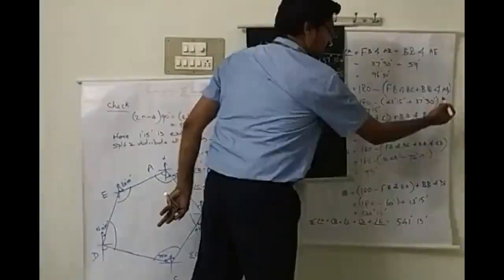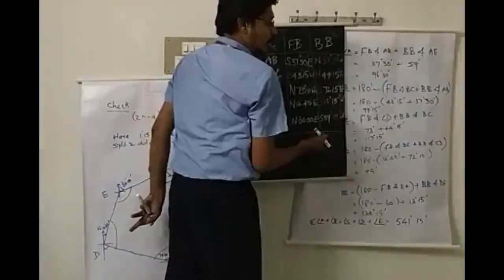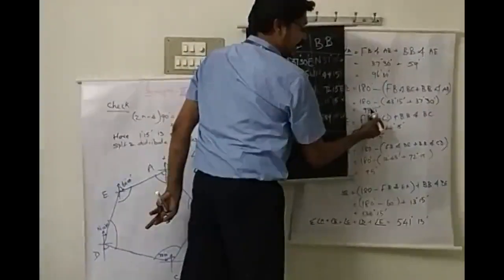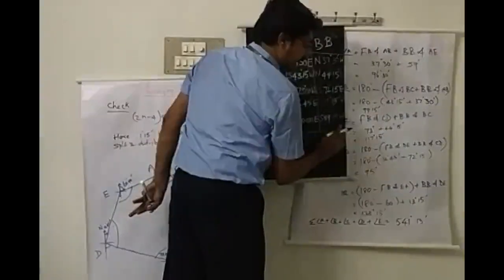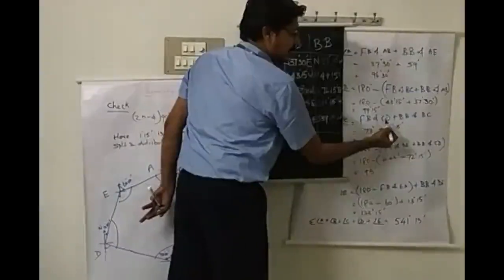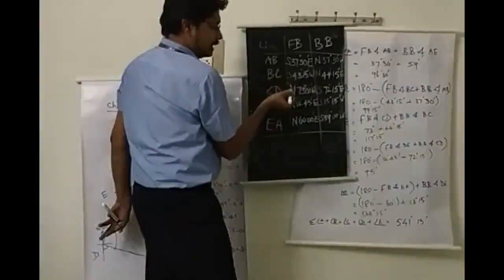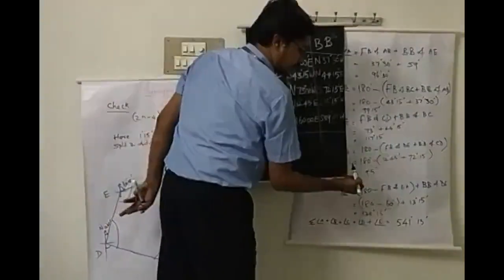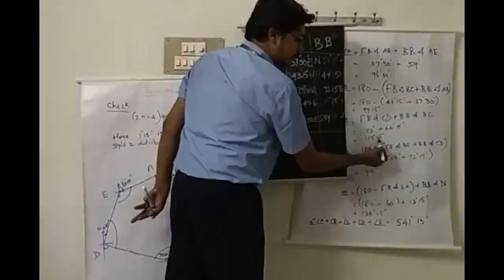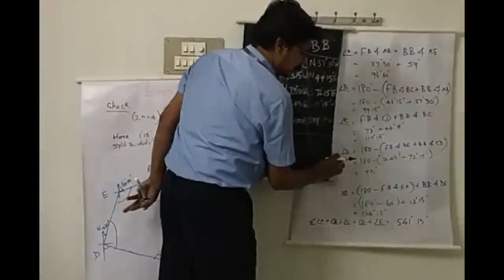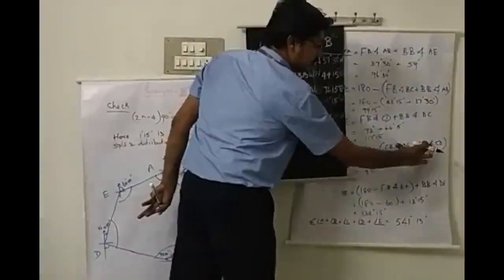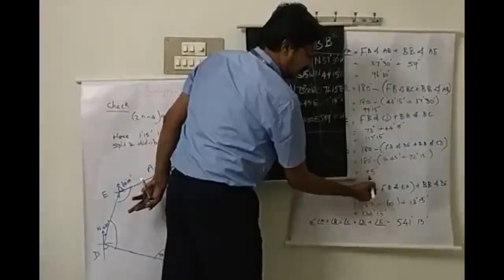I have written those values. If you solve, you will get 99 degree 15 minutes. Similarly, for angle C, forebearing of CD plus back bearing of BC, I have written the data from the table. Added, I got the answer as 117 degree 15 minutes. Similarly, for angle D, 180 minus these two, you will obtain 95 degree.